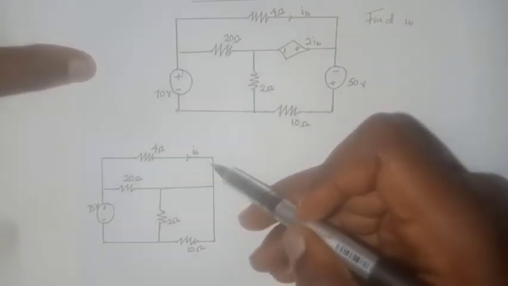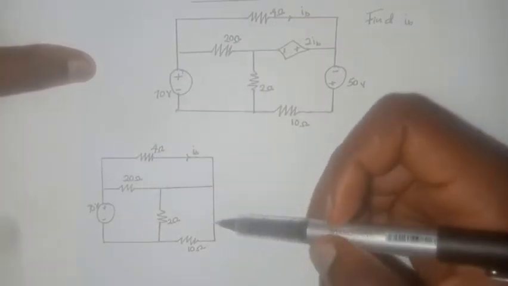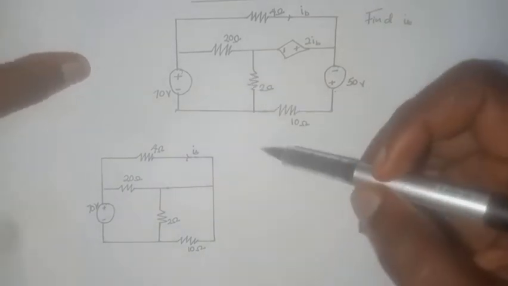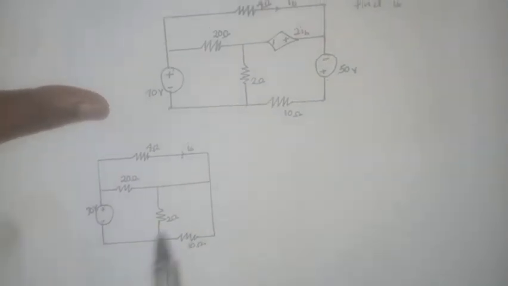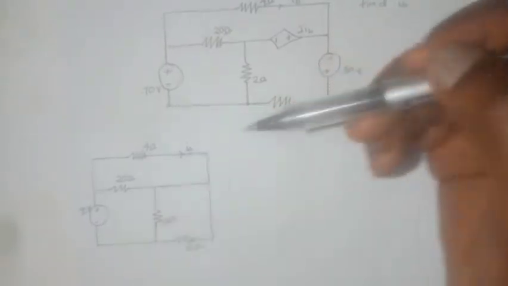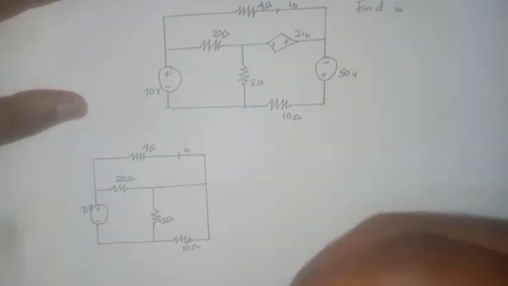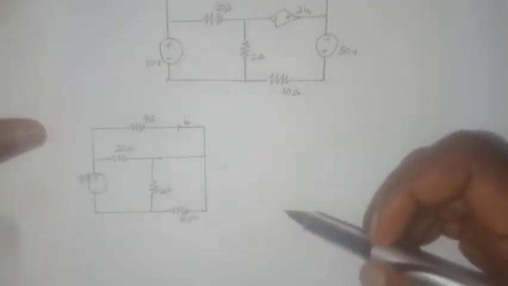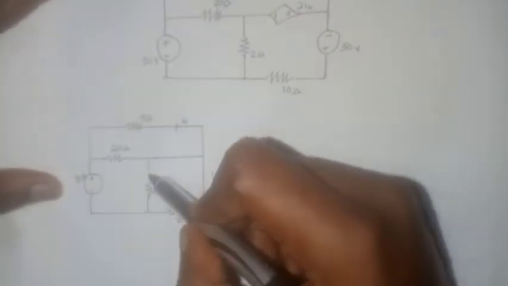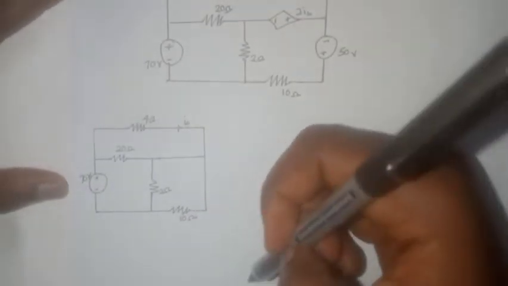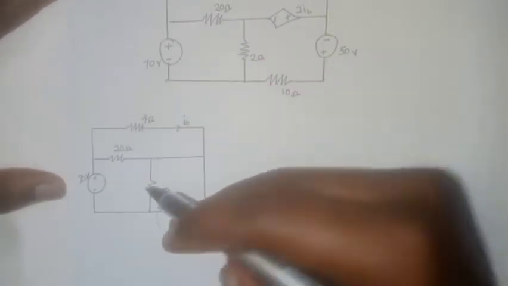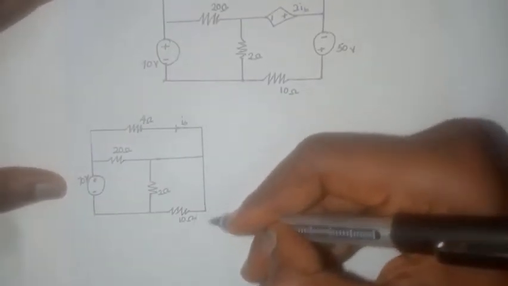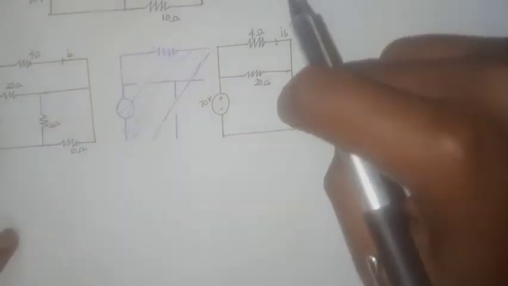Now IB is the current that flows through the 4 ohm resistor, and to find IB, we just resolve this circuit. If you look very closely, you would realize that these two resistors are in parallel with one another, so we can redraw the circuit to look something like this.